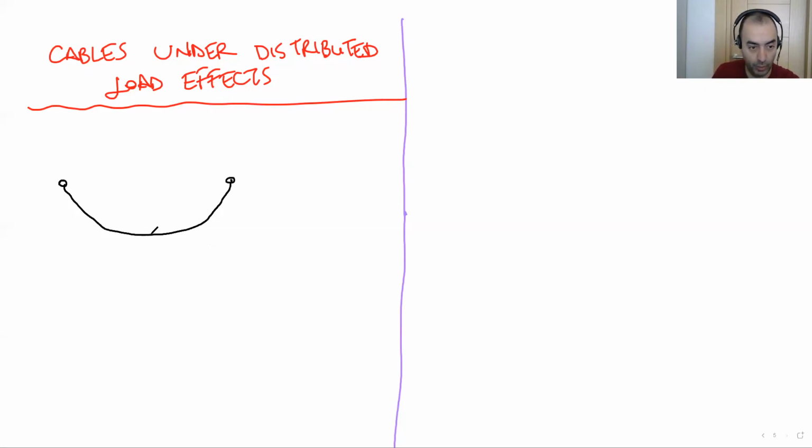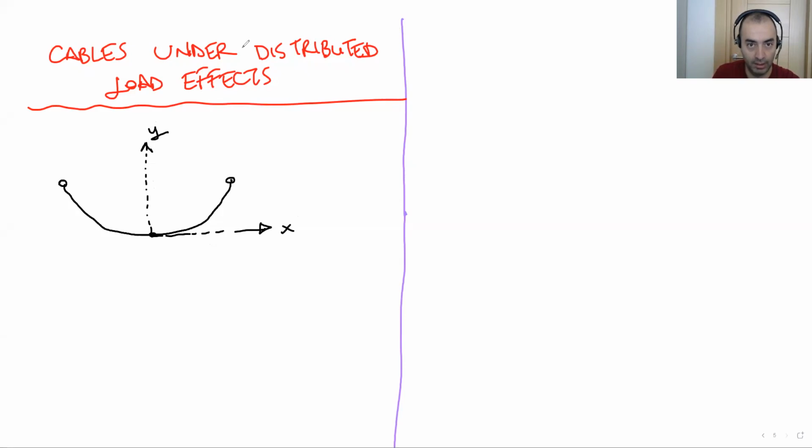At this point is the middle point. Let me draw here. This is X, this is Y. What is the loading on this member?